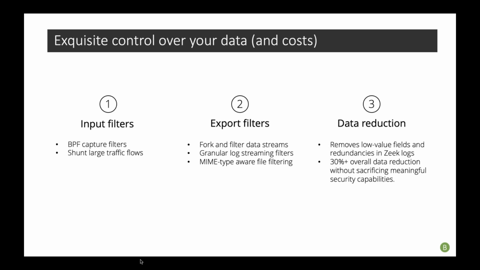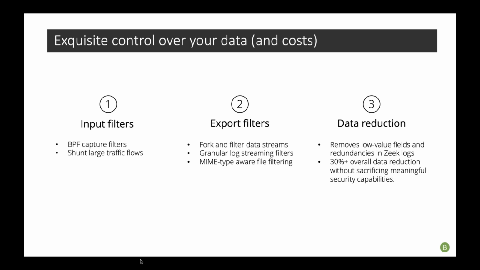And to that point, one of the things that we spent a lot of engineering effort on is controlling how much data goes to those different targets, right? Anoop talked about the filtering that's available within the traffic mirrors themselves, which is awesome. From there, you can also do additional input filtering into Corelight. We do a tremendous amount of export filtering, so you can do multiple streams of data into different places.